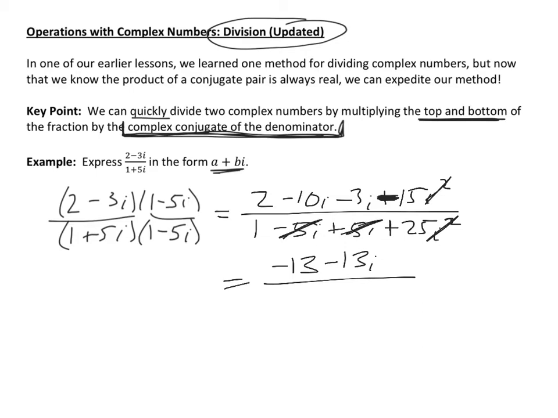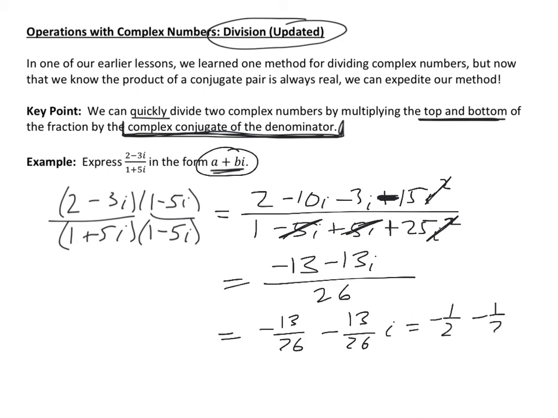The imaginaries are going to drop out, and I'll wind up with 26. And then because they wanted it in this form, we can split this into two separate fractions. Negative 13/26 minus 13/26 i. And those can both be reduced to a half. So negative a half minus a half i.